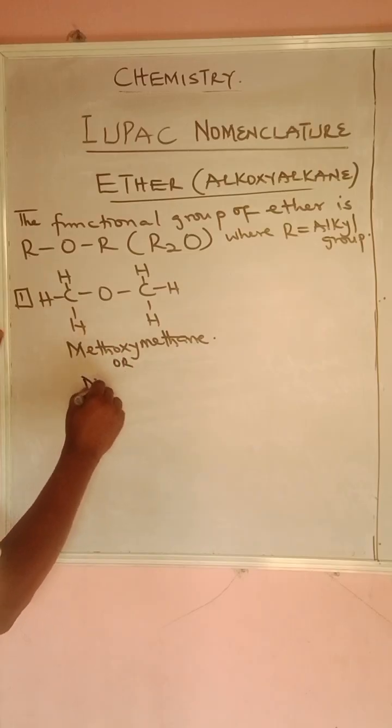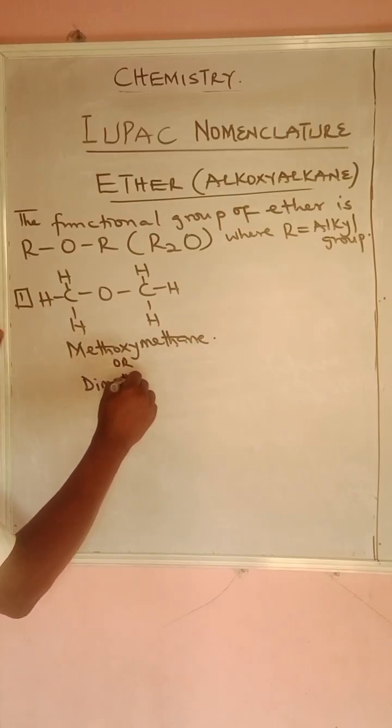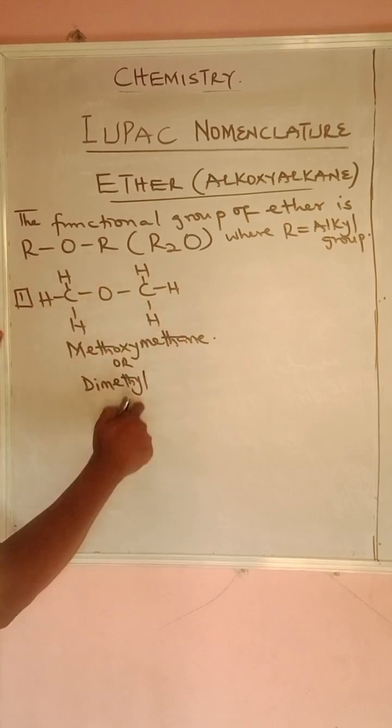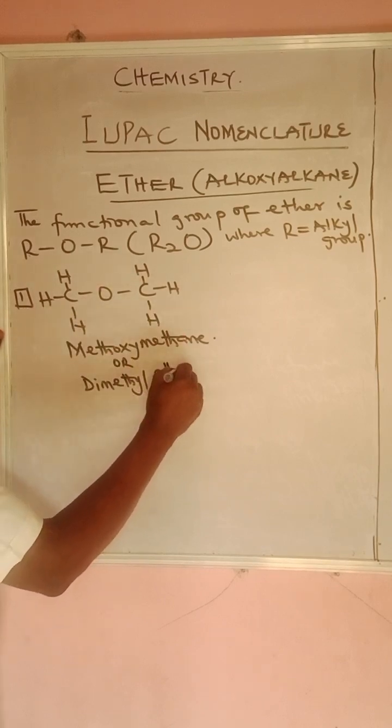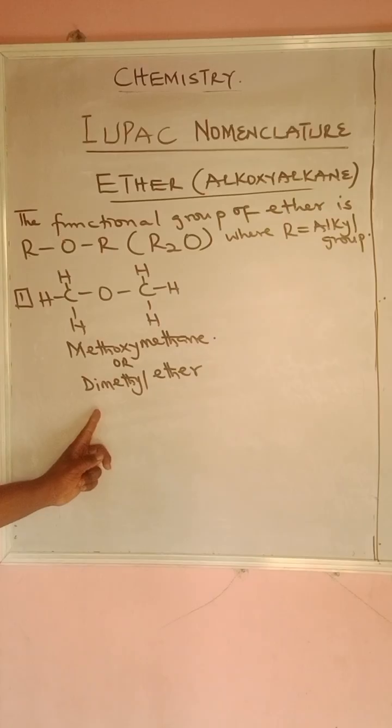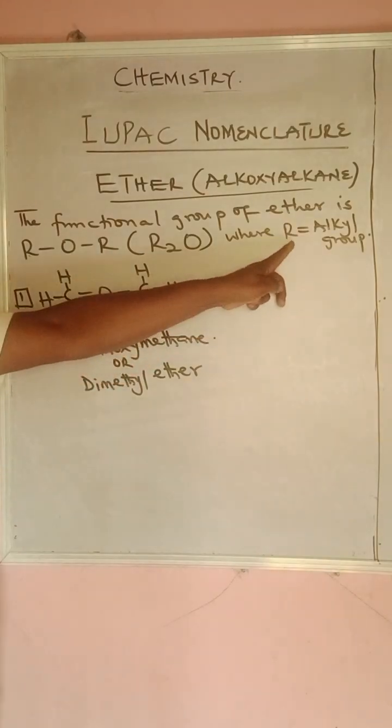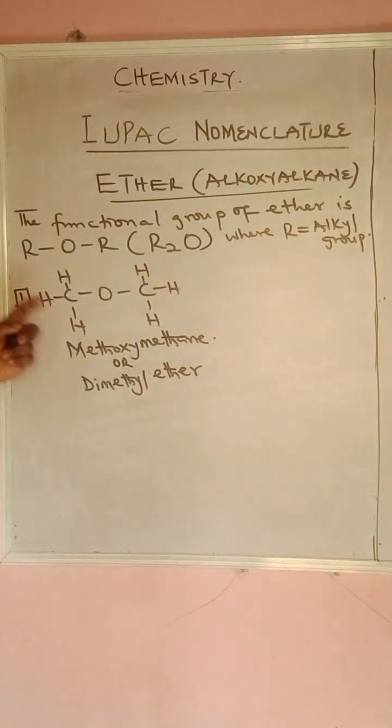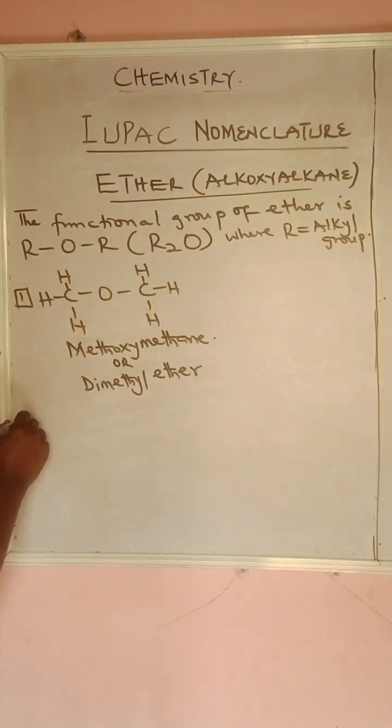You have two methyl, CH3, that's dimethyl, then ether. You can only use this method of naming if you have a repeated alkyl group. That's example 1.